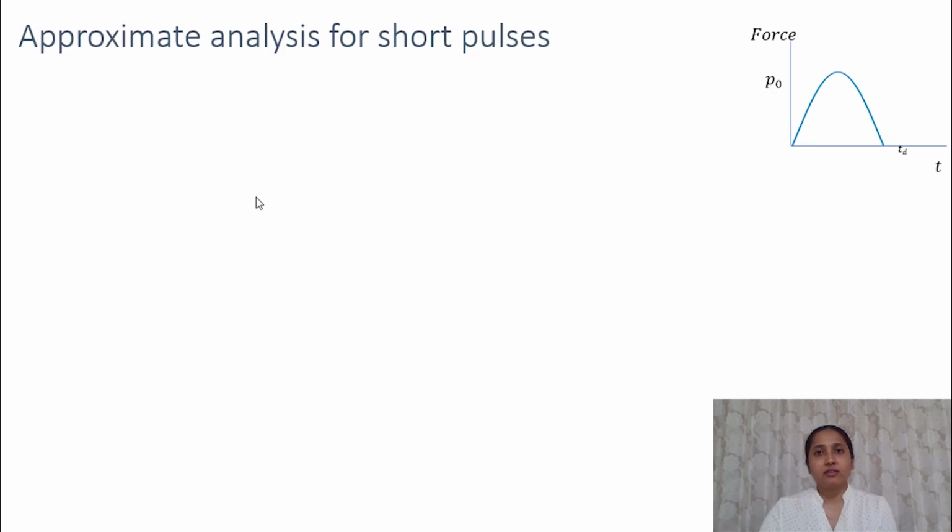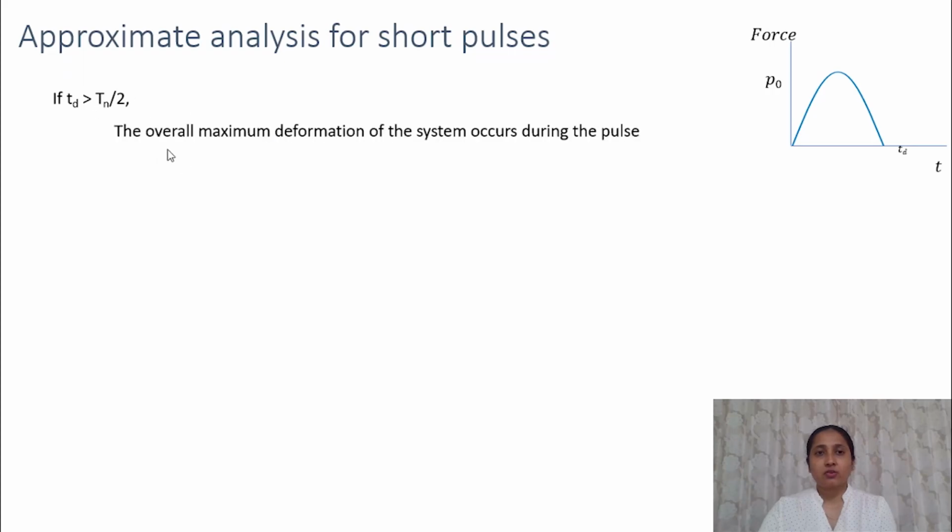So we have seen the responses for 2 different types of pulses. Based on the results, we can find an approximate analysis method for short pulses. So far we have seen that if the duration of the pulse is greater than Tn by 2, that is the natural period by 2, then the overall maximum deformation of the system occurs during the pulse, and the pulse shape influences the maximum response.